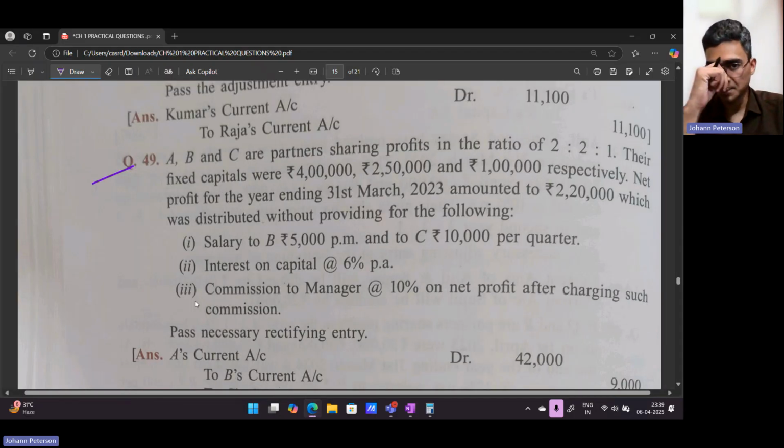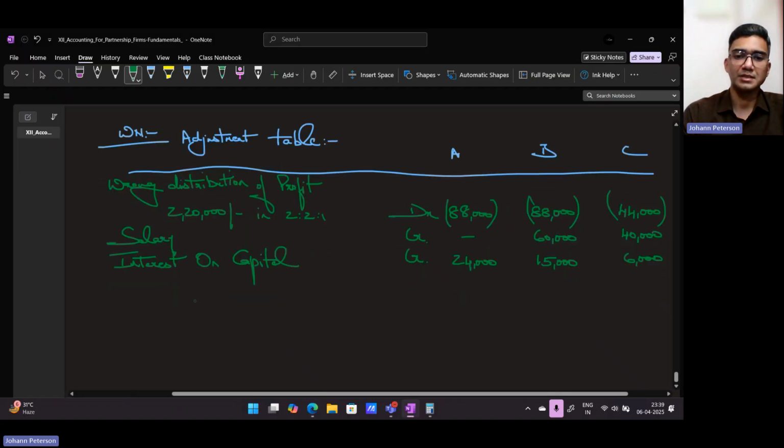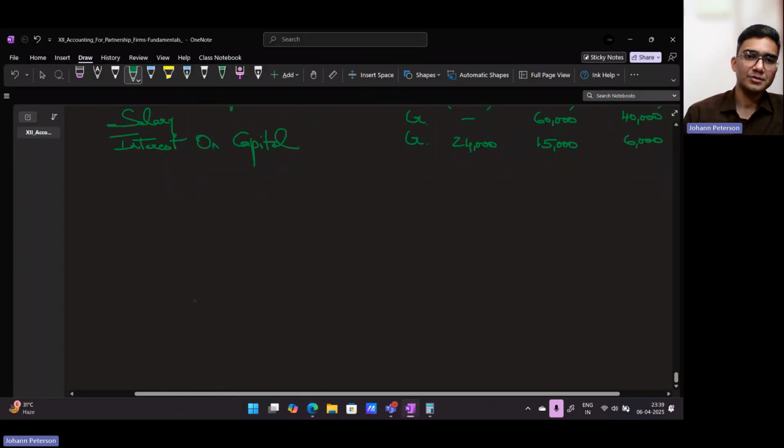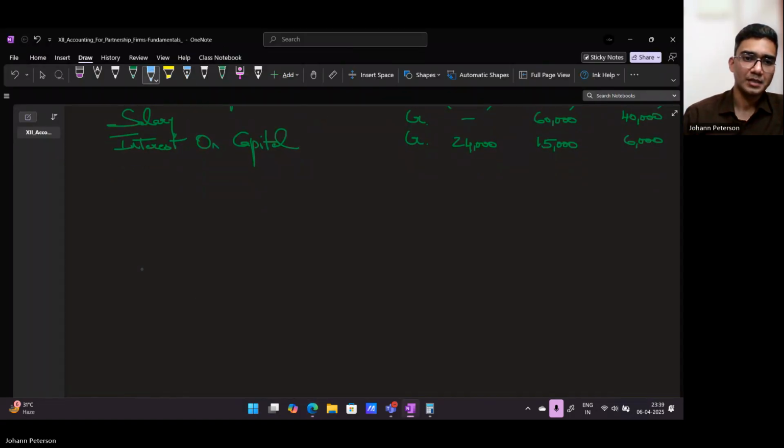After this, commission to the manager at 10% on the net profit after charging such commission. Now we have to think, do we give this commission to the manager within this? No, so we do not give this. So what is the commission given to the manager? 10% on the net profit after charging such commission. So we will solve this in the working note.